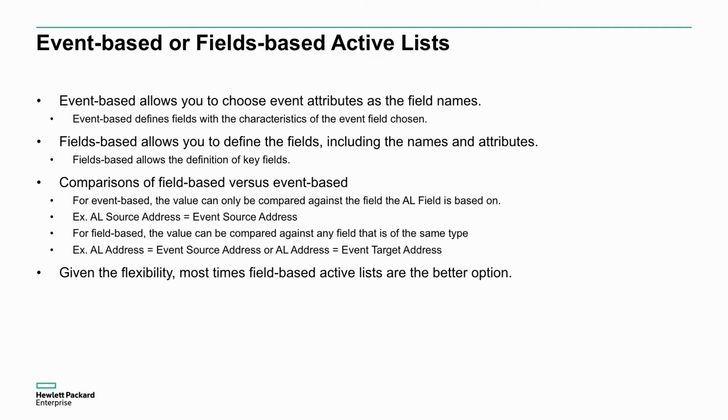Typically, in most scenarios, the field-based active lists are the better option, and it's the one that you'll most likely be using because we're allowing to do the comparison. For example, in the tracking list of, say, an infected host, we'd want to be tracking things like the address. In that case, we probably want to be using the field-based to allow us to do the comparison of the addresses together. Just as a quick note there, most cases you'll be using the field-based active lists.